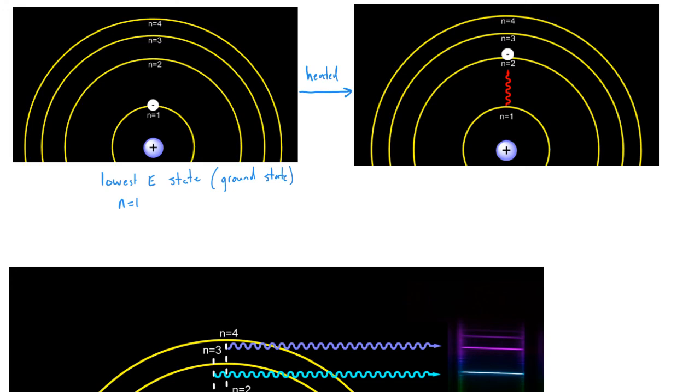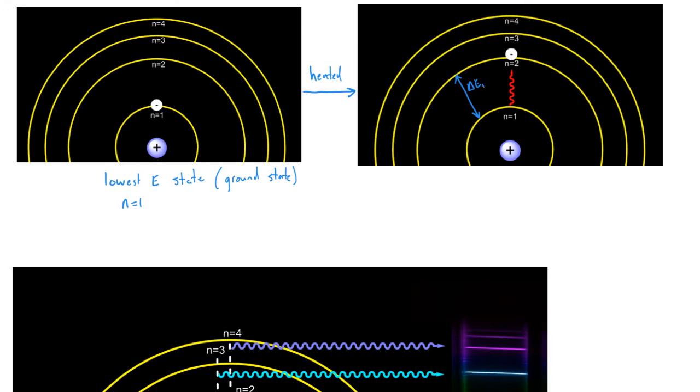And of course, what energy level it goes to depends on how much energy it absorbed. And it turns out for it to go to n is equal to 2, it needs to absorb exactly the amount of energy that is available, the gap between the energy of n is equal to 1 and n is equal to 2. And if it absorbs that delta E, we'll call that delta E1, the electron can be promoted to that second energy level.